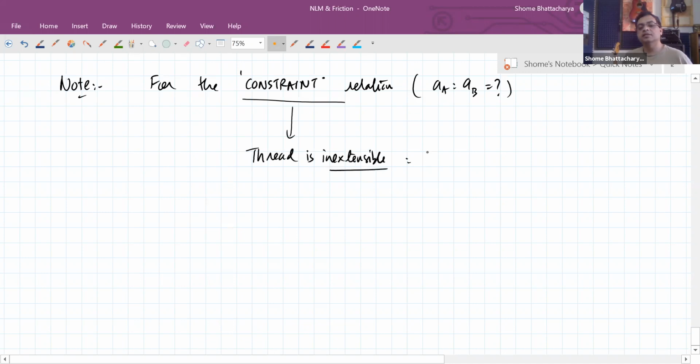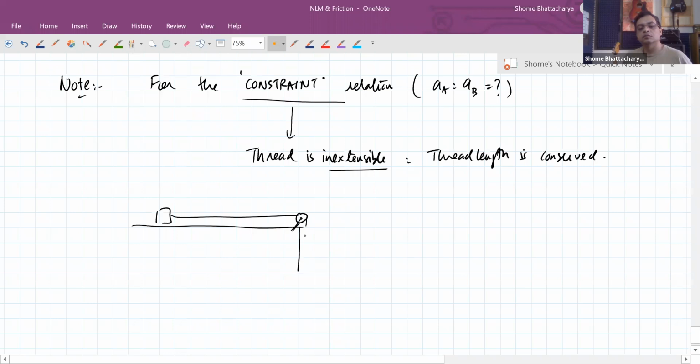So that means its length is conserved. This was our situation initially. So that thread length is, suppose, L.